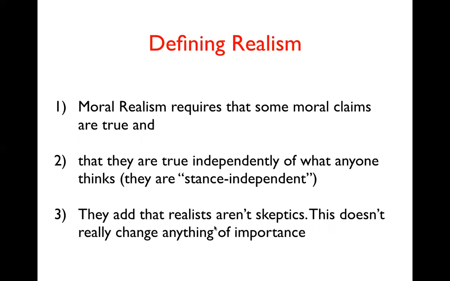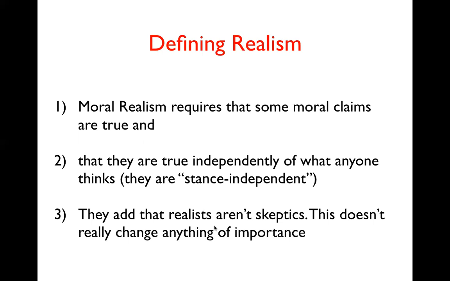That is, not only metaphysically are there moral facts, but also that we can know them, that they're somehow able to be grasped. Sober doesn't think that's part of the definition. Neither does Justin Horn in the other paper we read, but I don't think that really changes much. Nobody would want to be a realist and a skeptic at the same time. That's a reason to give up realism.